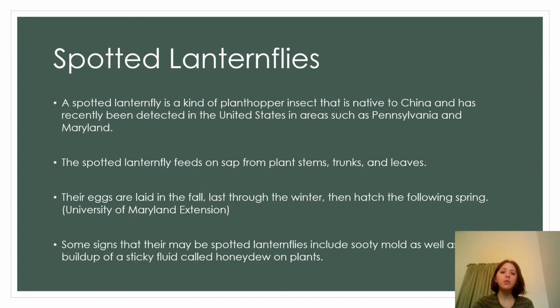This was sourced from the University of Maryland. And some signs that there may be spotted lanternflies include sooty mold as well as a buildup of a sticky fluid called honeydew on the ground surrounding the plants as well as the plant as well.